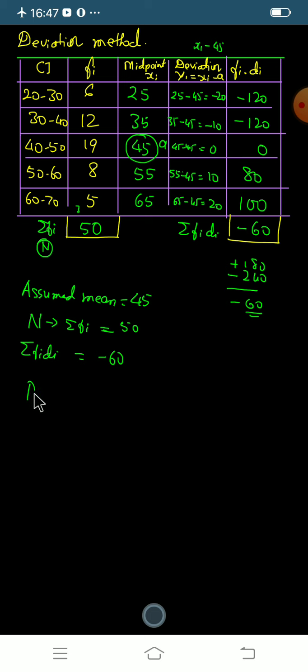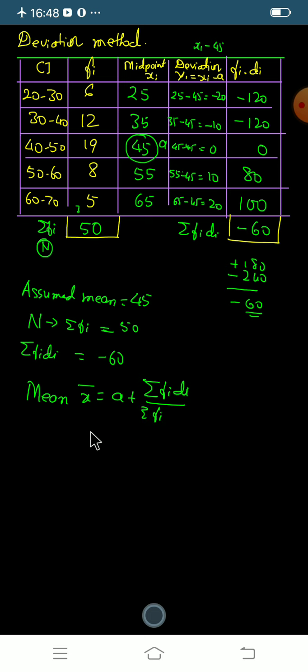So the mean x bar is equal to A plus summation Fi di whole divided by summation Fi.